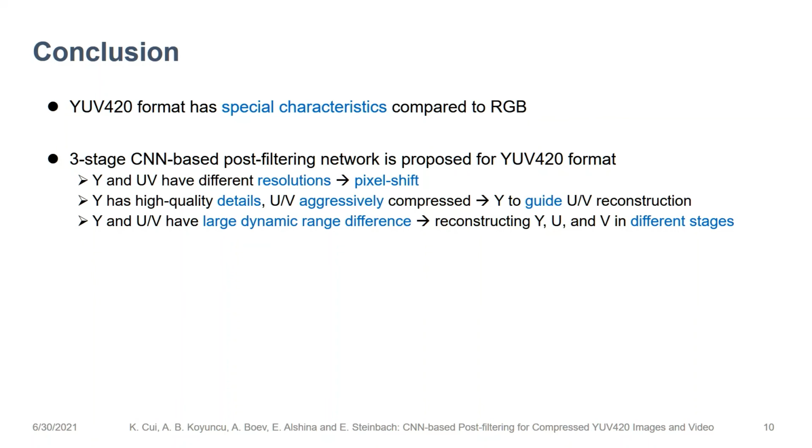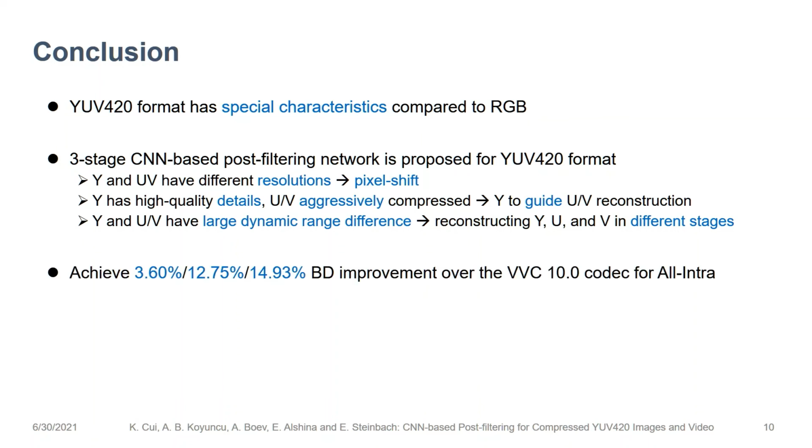Due to the large dynamic range differences between Y channel and UV channel, we reconstruct Y, U, and V channel in different stages. The proposed post-filtering method achieves 3.6%, 12.75%, 14.93% BD-rate improvement over the VVC 10.0 codec for all-intra configuration for the JVET testing sequences.